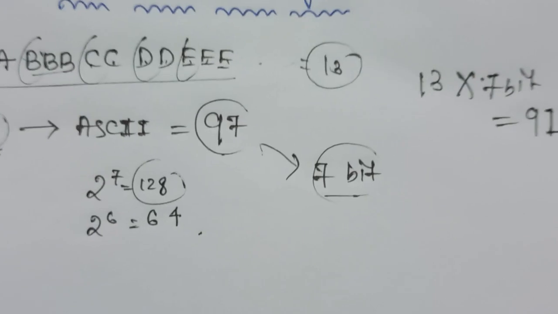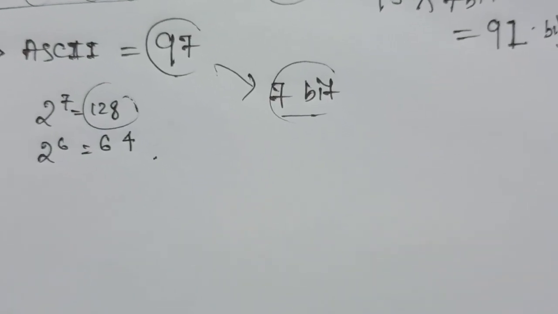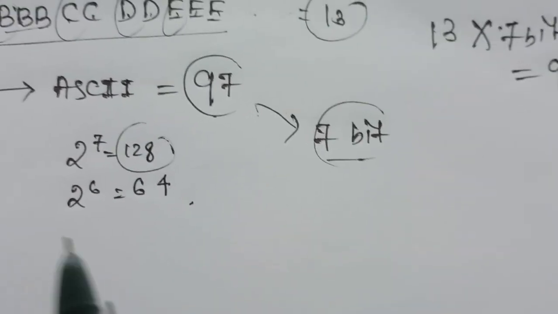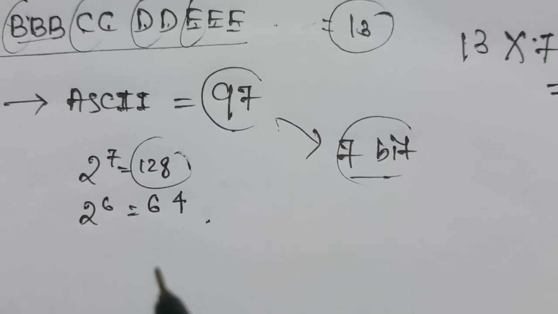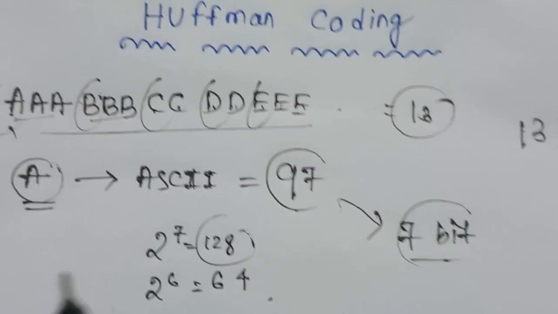But Huffman is a greedy approach. We will reduce the number of bits based on their frequency. So here, first of all, in this type of question, you have to count the frequency.